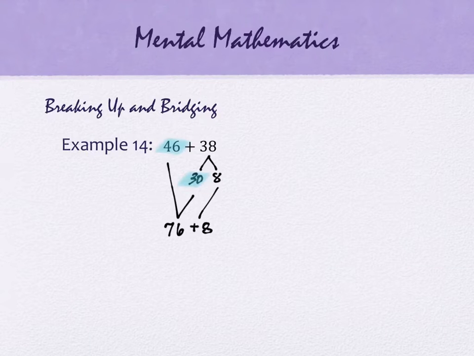And again, it is 2-digit plus 1 digit, which isn't super helpful, but it's 1 digit, not a 2-digit number at the end, which makes it a little easier to work with. And so I can add that, either counting up mentally or whatever, but you're going to end up getting, of course, the same 84. So that's called breaking up and bridging.